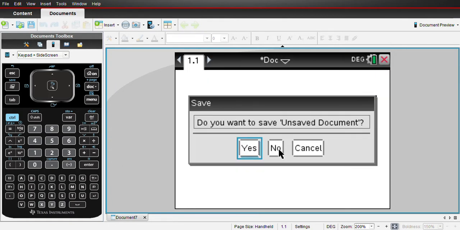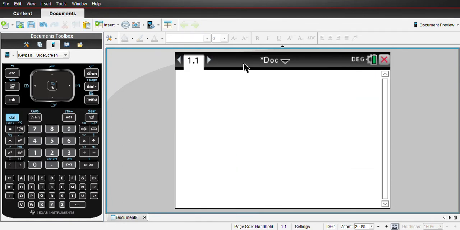So one of the great things that we can start to do is on a calculator page, we can start to perhaps substitute numbers into an algebraic expression.